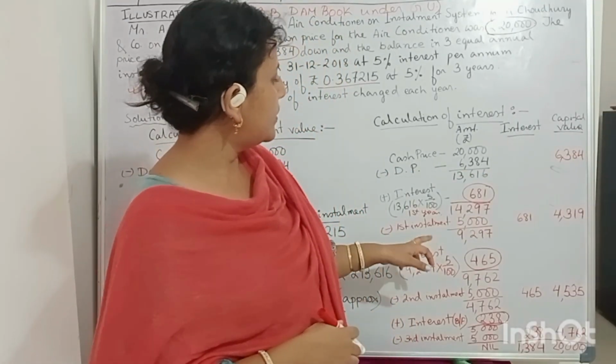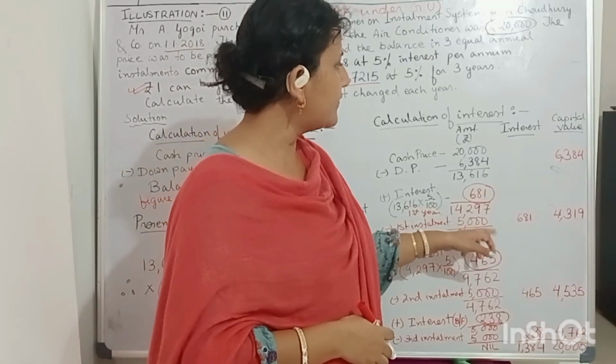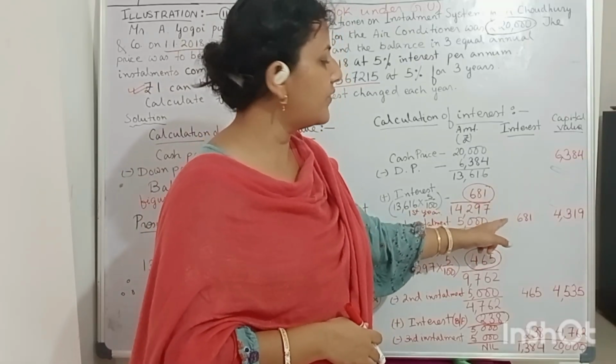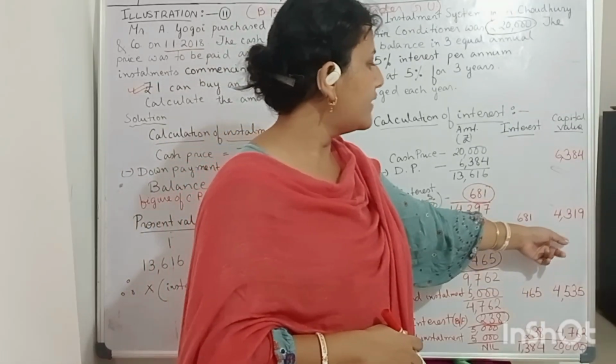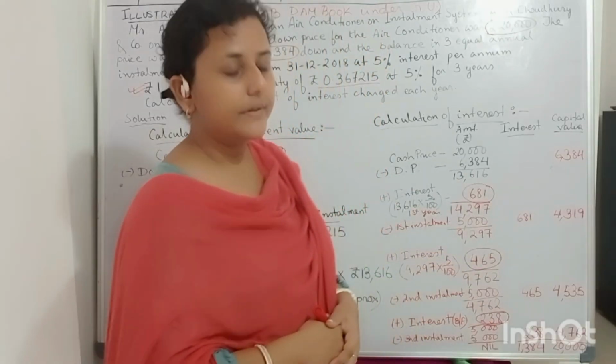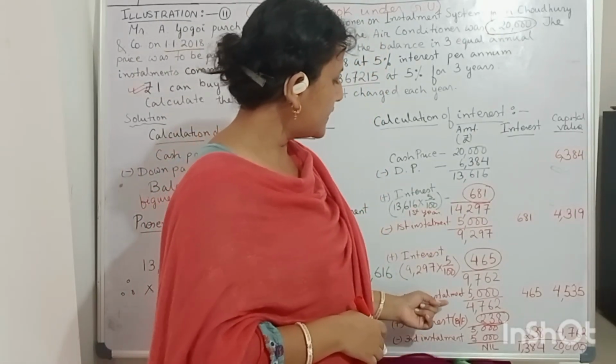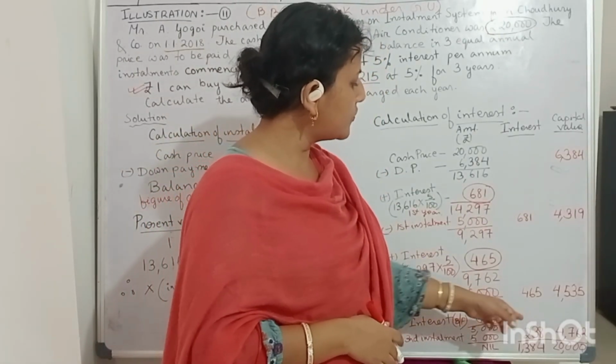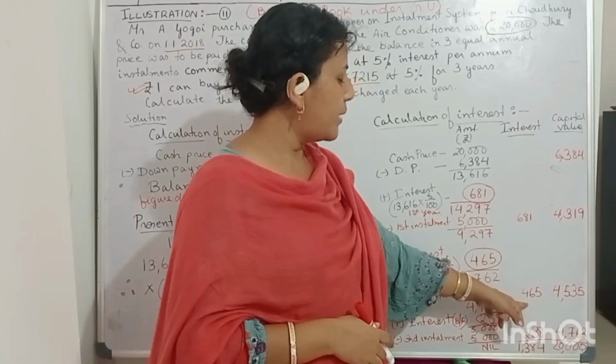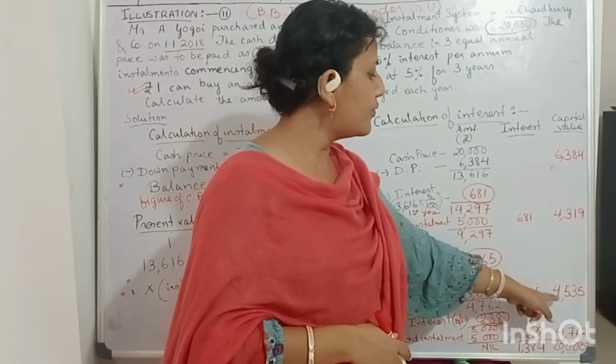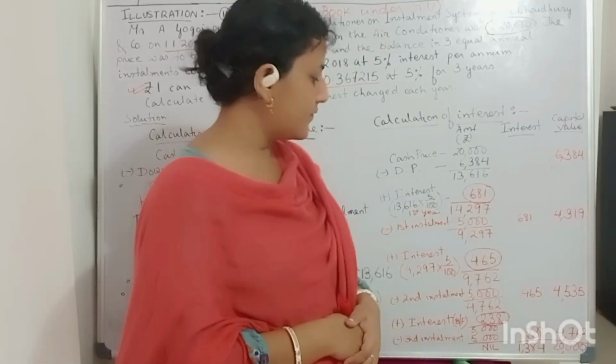Then from the first installment, that is 5,000, you deduct the amount of interest, you will get this figure 4319. Then again from the second installment, that is 5,000, you deduct the amount of interest, you get 4535 as the capital value.